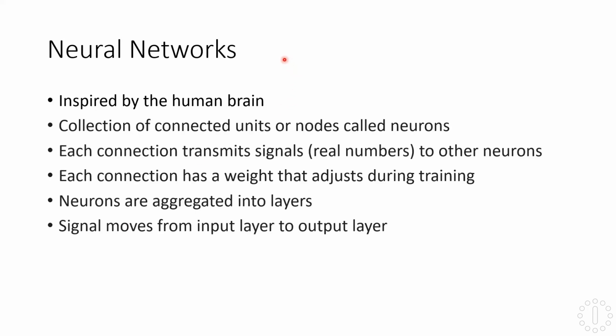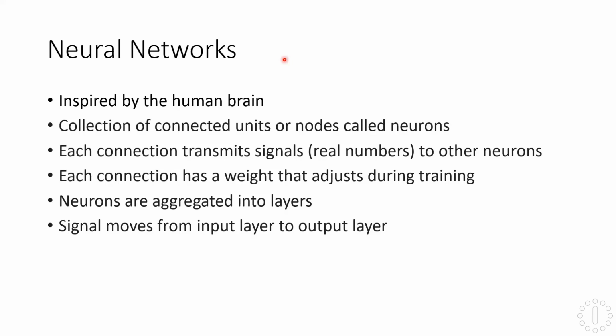Deep learning is an approach used for neural networks. Neural networks are loosely inspired by the human brain. They are models which contain many connected units or nodes, which we call neurons.